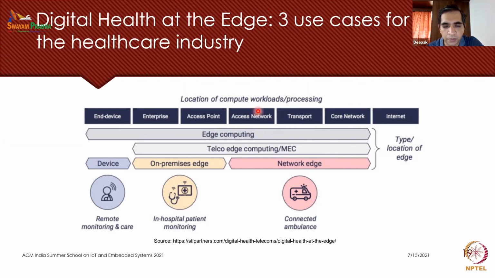Of course, this spectrum is just showing you, on the horizontal axis, where the execution is happening, where the workload is being processed. In this case, it's the end device. In this case, it could be the enterprise solution, or an access point, where you could send the data to the access network, and then to the cloud probably. And here you basically have the mobile node.